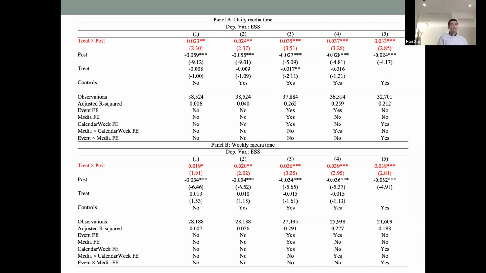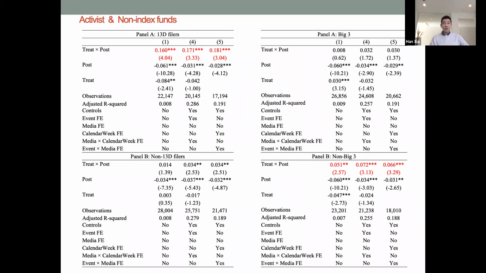Now we differentiate our main results based on the type of institutions. The idea is that most likely the pump and dump strategies will be observed for institutions that are more active instead of more passive, and this is indeed what we see. We're dividing the institutions in two ways.